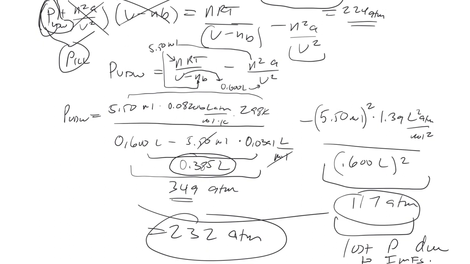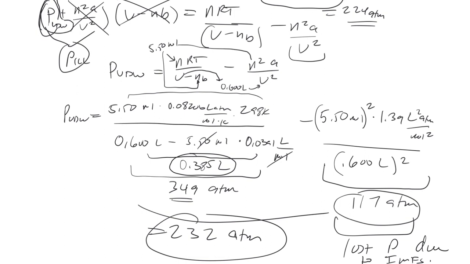So a lot of work to calculate a better prediction of the true pressure, but this is going to vary a lot. If we did 2.5 to 3.5 to 4.5 to 5.5 to 6.5 moles, you're going to get a wide range of differences between your van der Waals pressure and the ideal gas law pressure. They're pretty similar here, but if we go down a little bit, we're probably going to get a worse prediction with the ideal gas law.